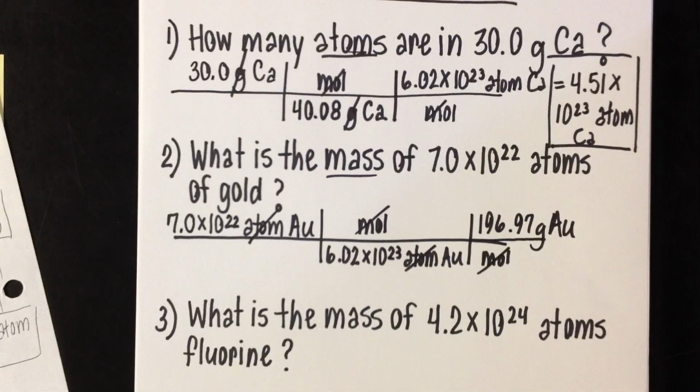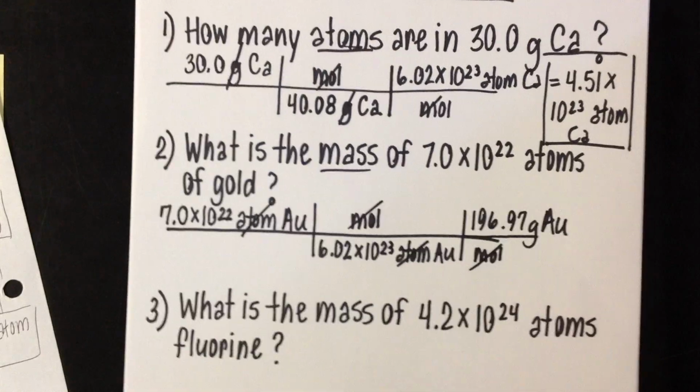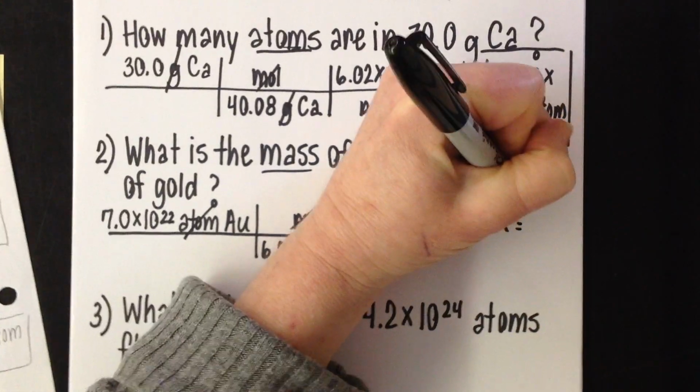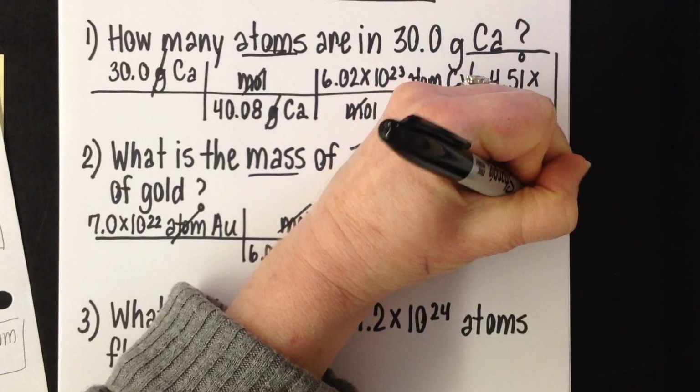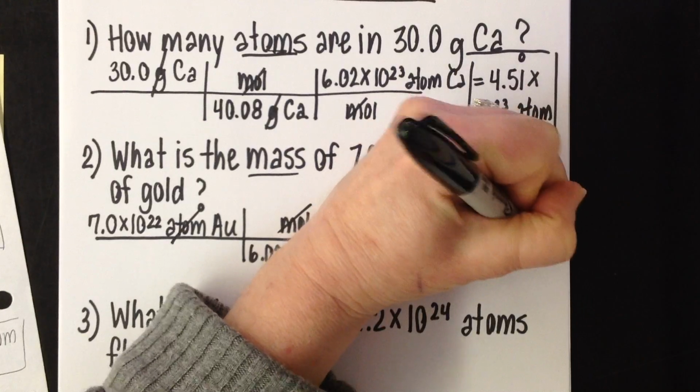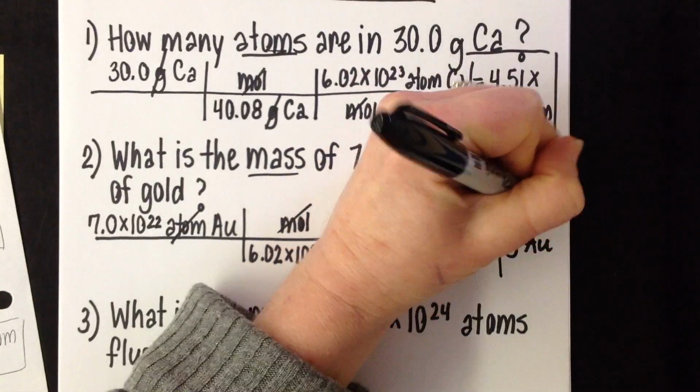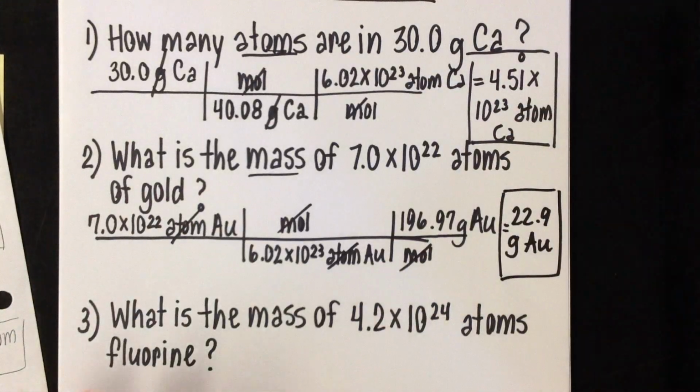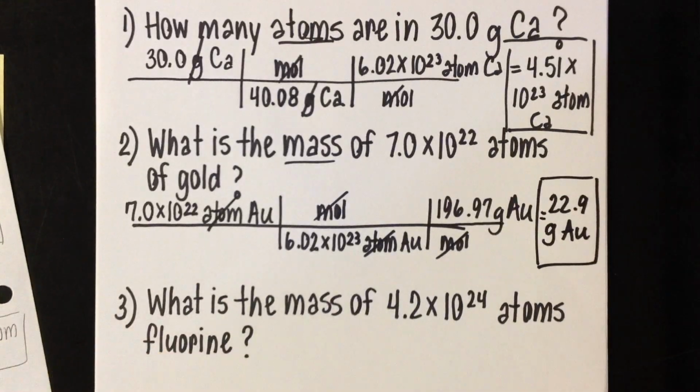Hit equals, divide that by 6.02 times 10 to the 23rd, and you should get about 22.9 grams of gold. So 22.9 grams of gold. There you go. That's probably a decent little amount of gold. So yeah, that would definitely be something you maybe wouldn't mind having in your hands.